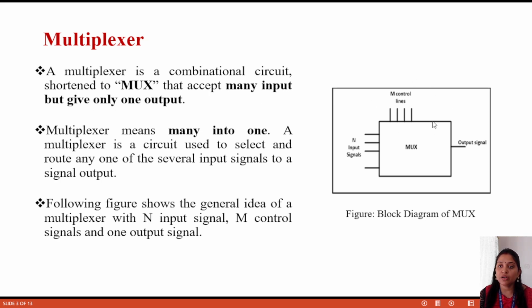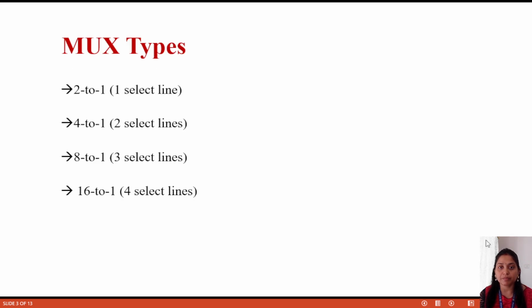There are some control inputs, so based on the control input, the MUX selects which input signal will go to the output line, okay. In the next slides I will explain all these things more clearly. I hope all of you can understand.